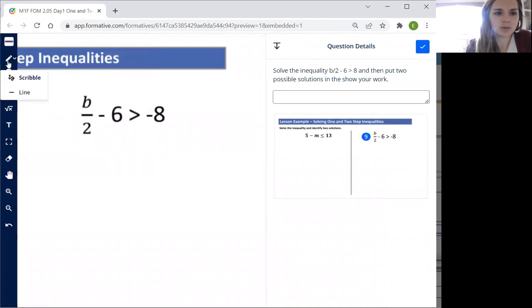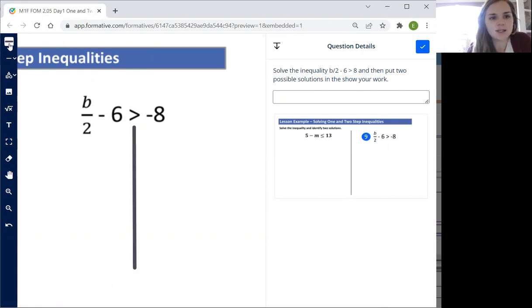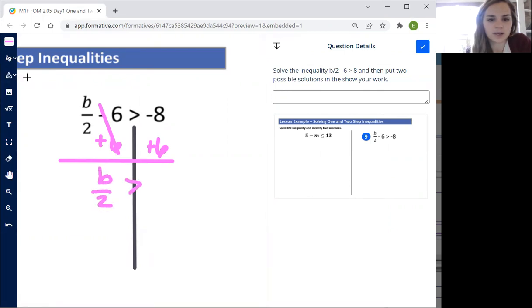We first want to start out by putting our line down the middle so we don't make any mistakes. Okay, and then we can go ahead and solve here. So first step, we want to get rid of that -6. We have to add 6 to both sides. So that gives us b over 2 is greater than -8 plus 6 is -2.